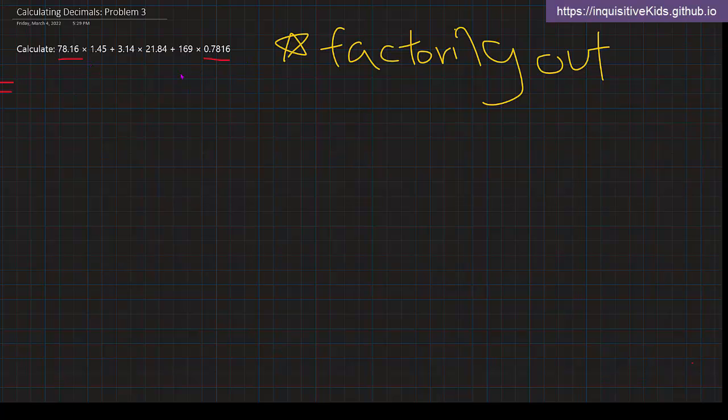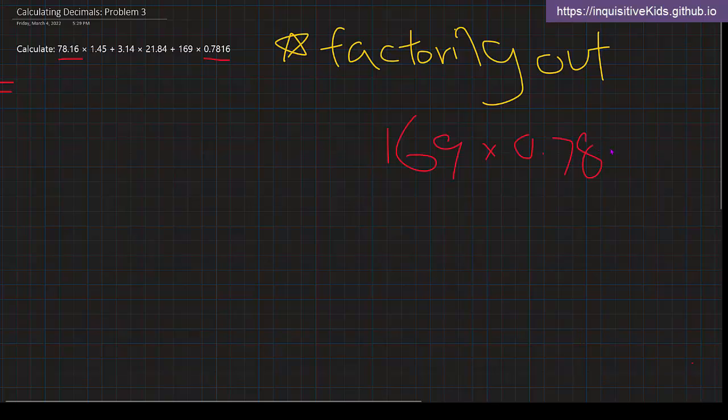How I can do that is I'll write separately right here 169 times 0.7816. Over here, we're trying to move this decimal point, so this is equal to 78.16 times something.